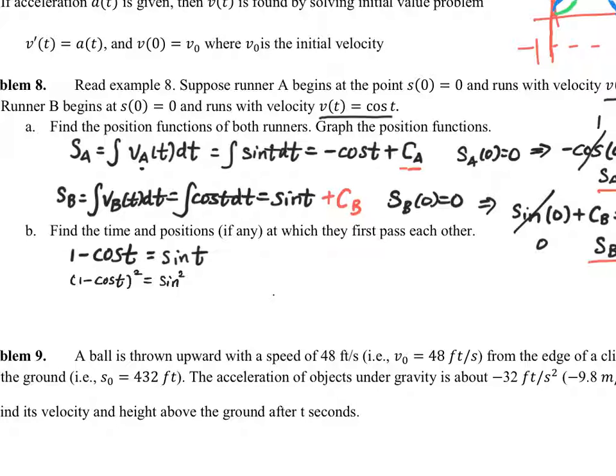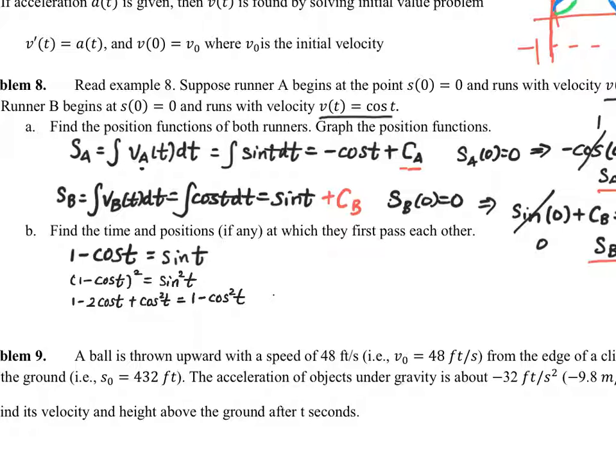The right-hand side is sine squared t. From the left, you have 1 minus 2 cosine t plus cosine squared t. And the right side is 1 minus cosine squared t, right? It's easier to convert sine squared t to 1 minus cosine squared t.